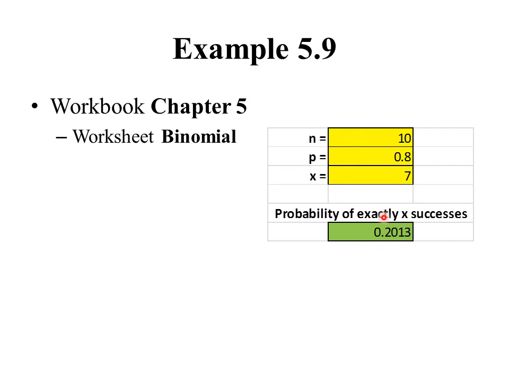The cells in green are automatically calculated by Excel. So in this case, we have n equals 10, p is 0.8, and x is 7. If we just enter those numbers and hit enter, Excel will automatically calculate the probability of exactly x successes. It calculated 0.2013, which is the exact same thing we got using the formula.